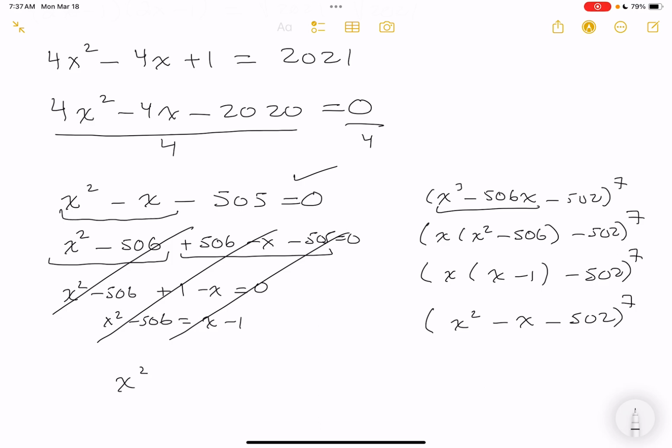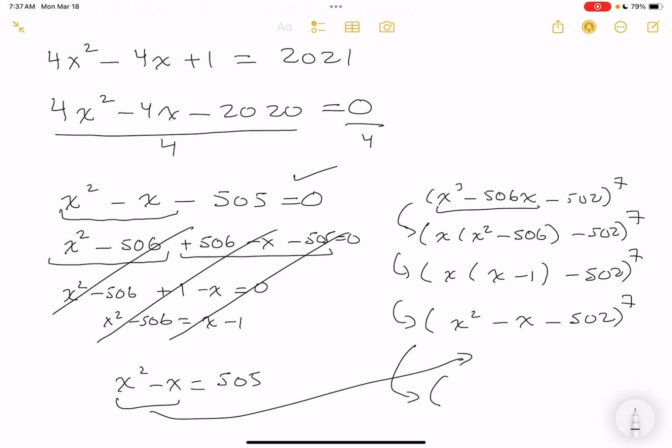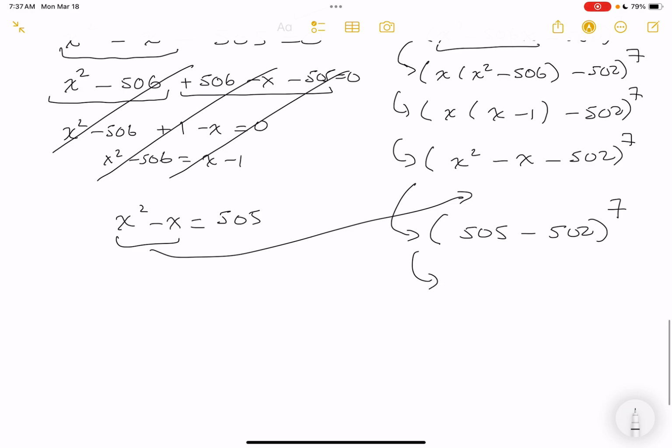And x squared minus x is the same thing as 505. So I would take this and plug it in over here. And by the way, this is leading in this direction over here. What do you get? You get 505 minus 502, to the 7th power. And what does this lead to? Well, 505 minus 502 is 3, to the 7th power.